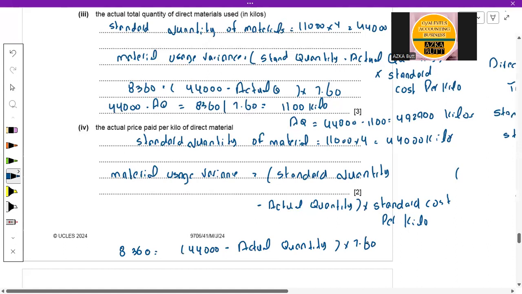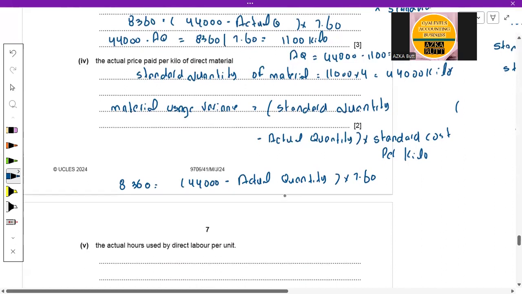To solve for the actual quantity, 44,000 minus actual quantity is equal to 8,360 divided by 7.60, which is equal to 11,000 kilos.